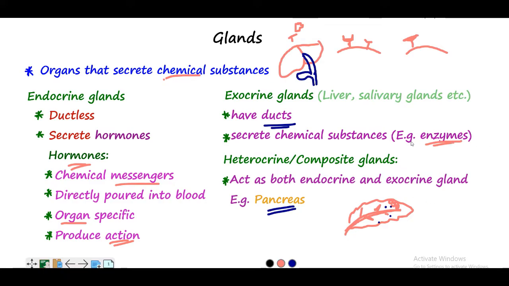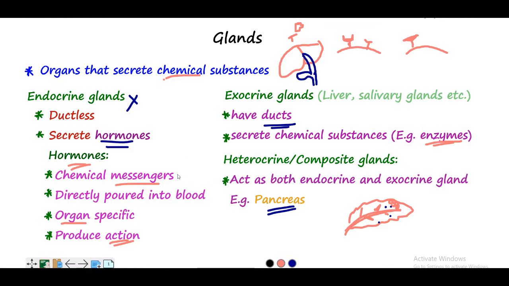So here we have three types of glands. First we discussed glands, which are nothing but organs that secrete chemical substances. Then we discussed the types of glands. The first are endocrine glands, which do not have ducts, and these secrete chemical substances called hormones. The criteria for a chemical substance to be a hormone is that it has to be a chemical messenger.